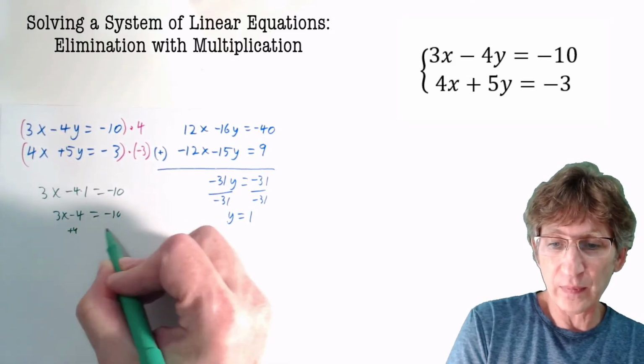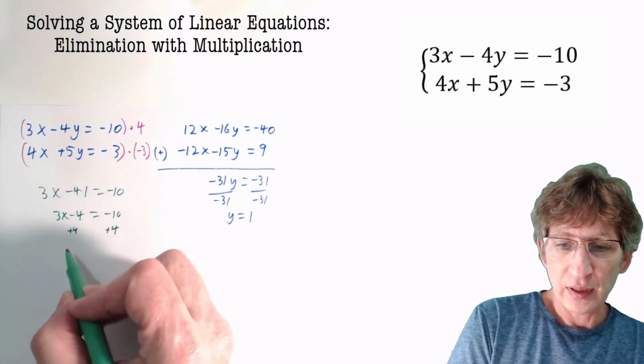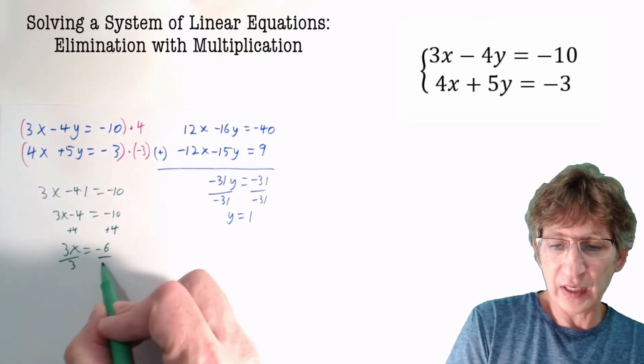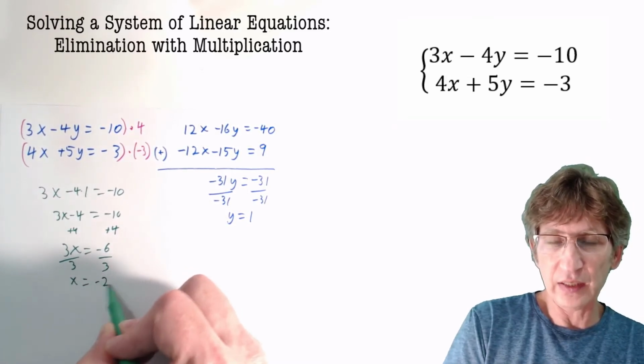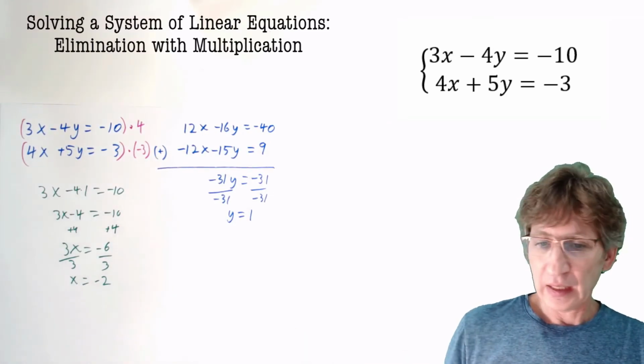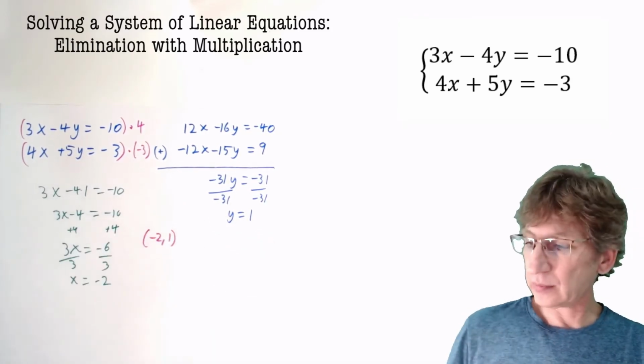Add 4, add 4. 3x equals negative 6. Divide by 3. X equals negative 2. That's good. Looks like my solution is negative 2 comma 1.